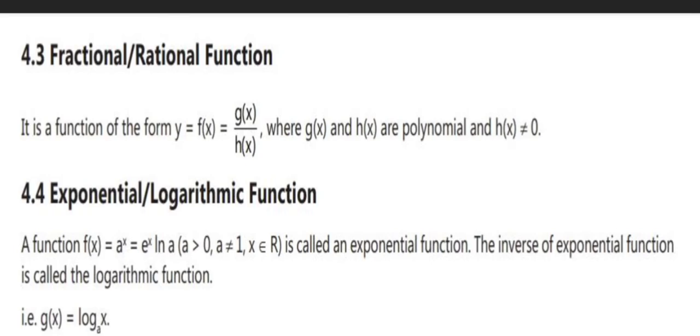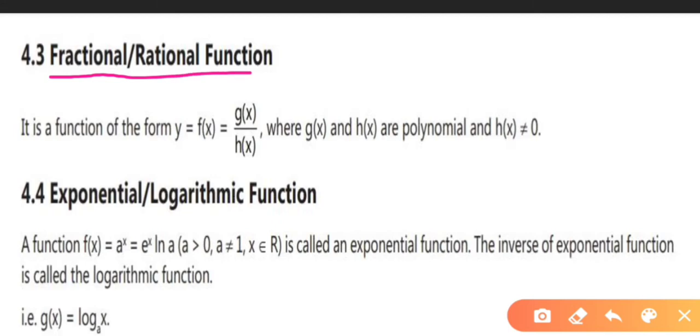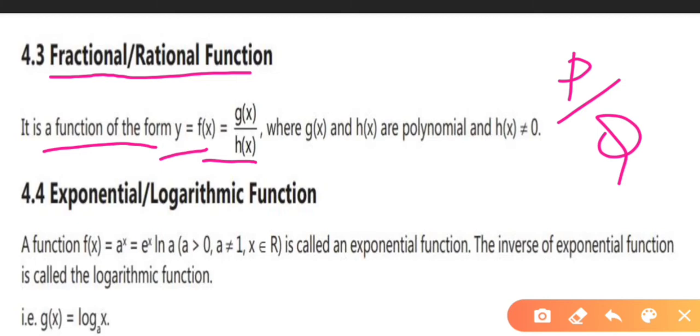Basically, a fractional function or rational function is a function of the form... Here rational means, as you already know, the rational numbers which are in the form of p by q. Similarly, a rational function is a function of the form y equals f of x, which equals g of x upon h of x, where g of x and h of x are polynomials and h of x is not equal to 0.